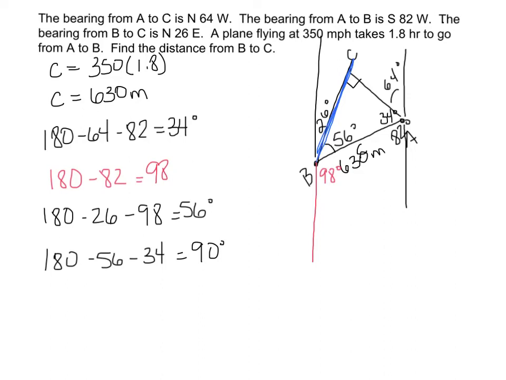we just have to use what we know about our right triangle trigonometry. So I will use cosine this time, not for any particular reason, but the cosine of 56 degrees will be side A, because it's BC, over 630. Remember again that if this is my right angle, my hypotenuse is opposite.